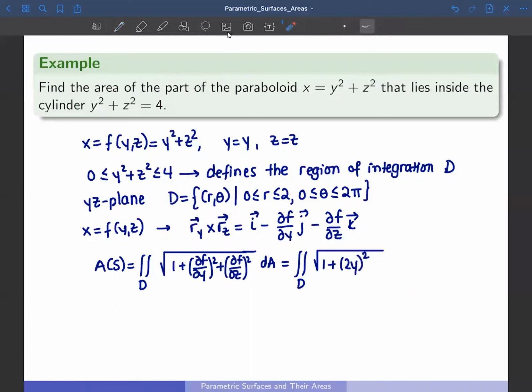So essentially, we have the partial derivative of f with respect to y, which will give us 2y for y squared. And then the partial f partial z will give us 2z, that squared, times dA.